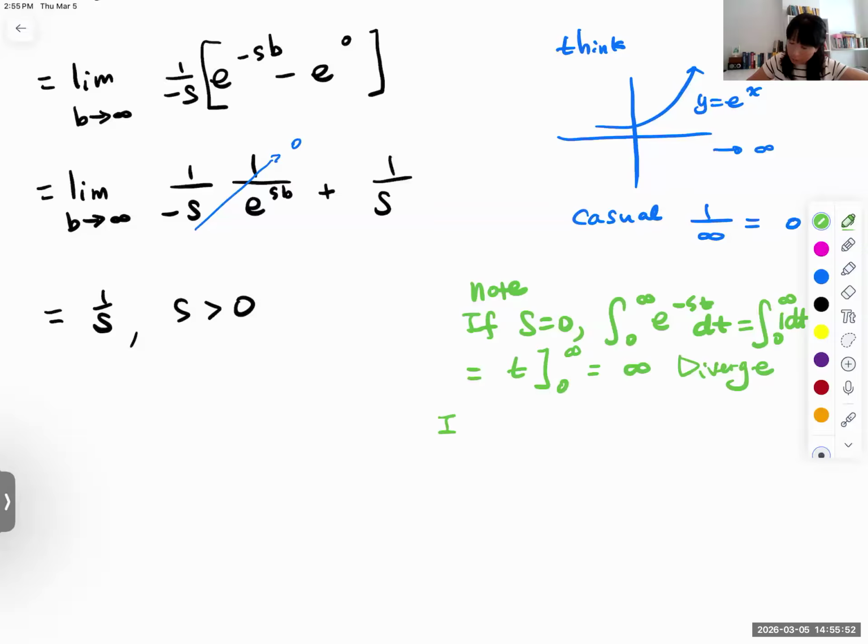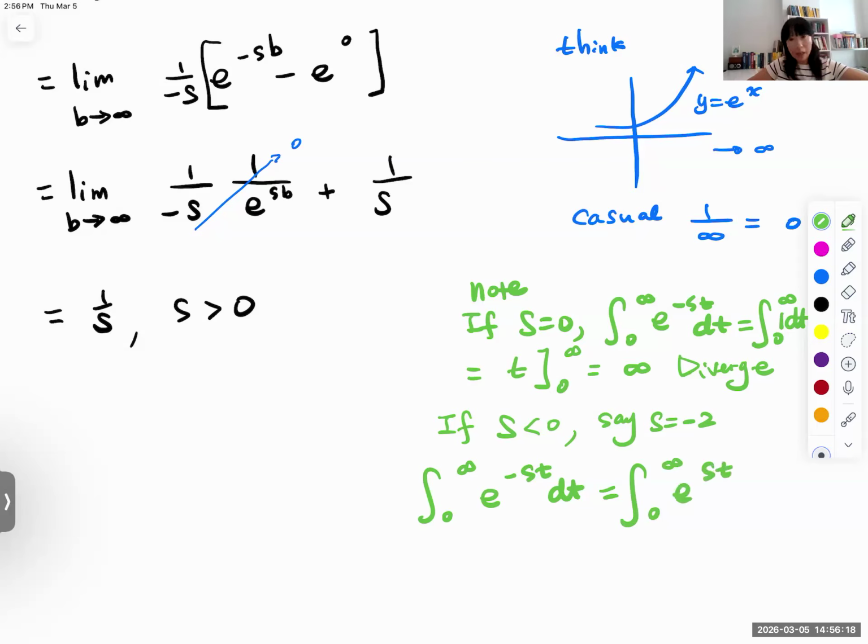How about if s is less than 0? Say s equals negative 2. If we have the integral from 0 to infinity of e to the negative st dt, then that will be e to the positive st, because negative negative is positive.